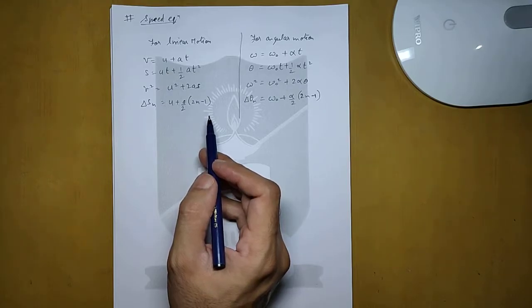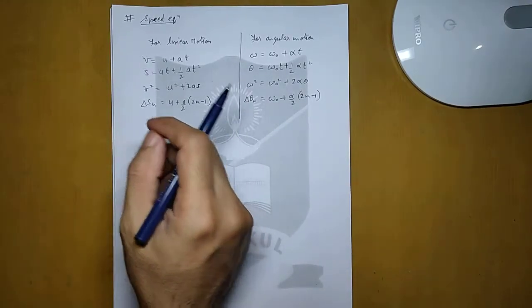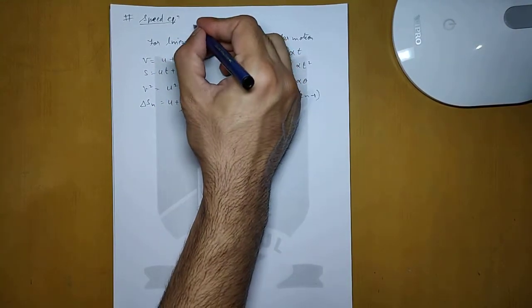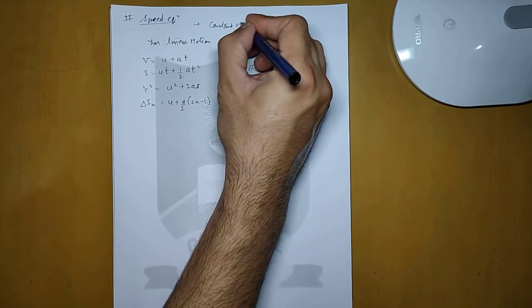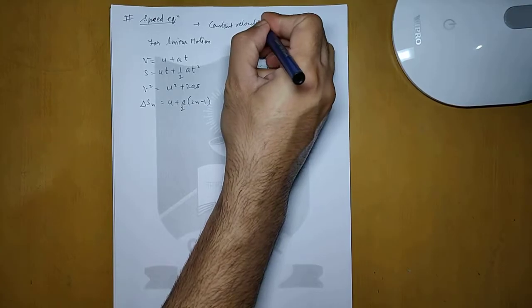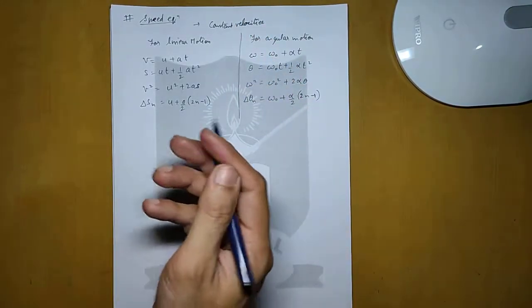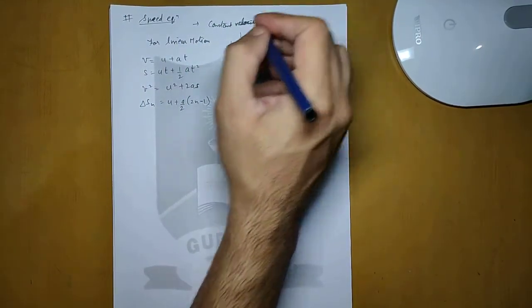They are analogous to the linear motion equations. Now these are for constant acceleration.